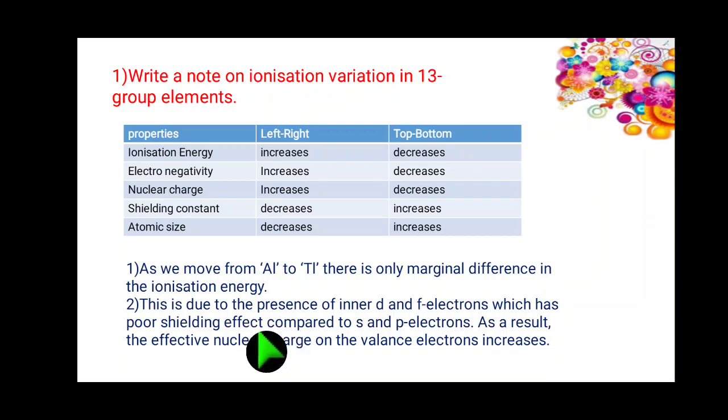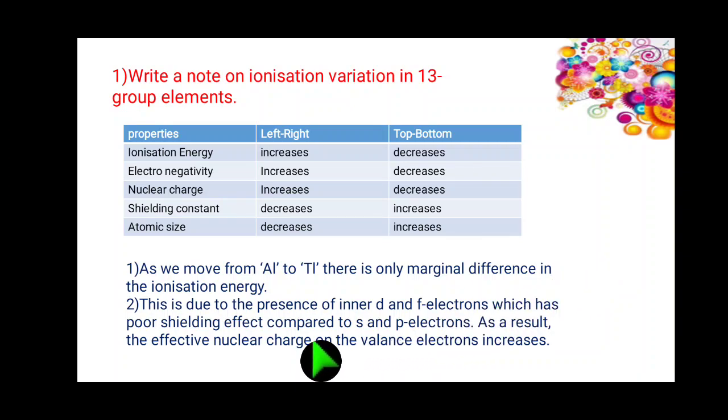Outermost electron is very high. As a result, the effective nuclear charge increases. So we have known very well what is ionization energy. Ionization energy is the energy required to remove one electron from the outermost orbital, right?